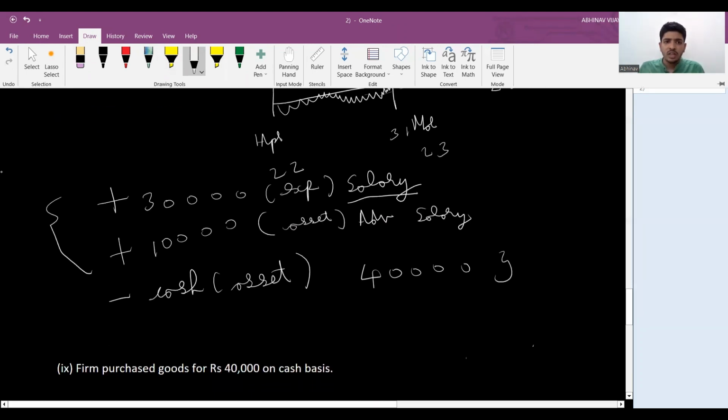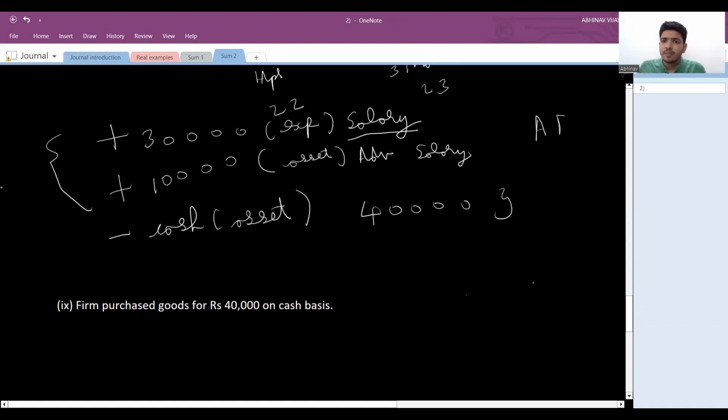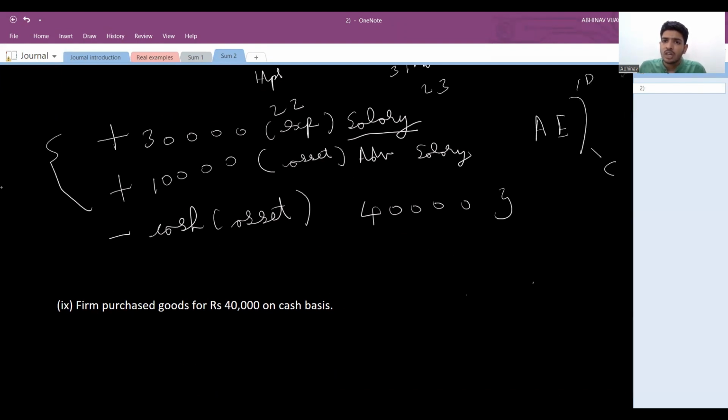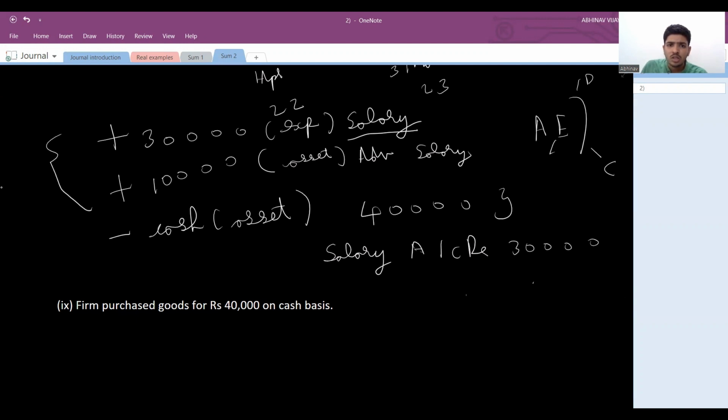For example, first let's convert this into a journal entry. So, same super secret technique. Assets and expenses, when they increase, you debit, and when they decrease, you credit. Now, first thing, salary is an expense. It is increasing. So it will be debited. Salary account debited 30,000 rupees.